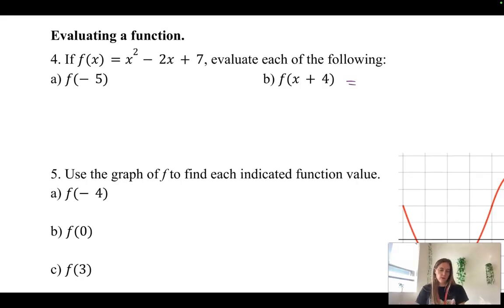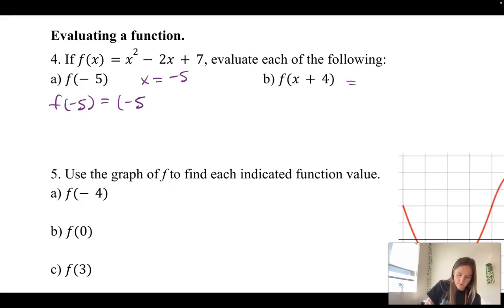Evaluate the function. So this is our function. f of negative 5 means, see how there's a negative 5 where there's an x in f of x? So this means that x equals negative 5. So we're going to substitute in negative 5 everywhere we see an x in this function.